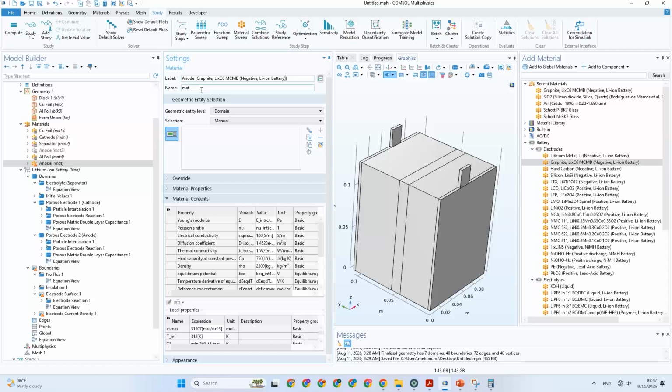Okay, I add this as anode, and anode is here.